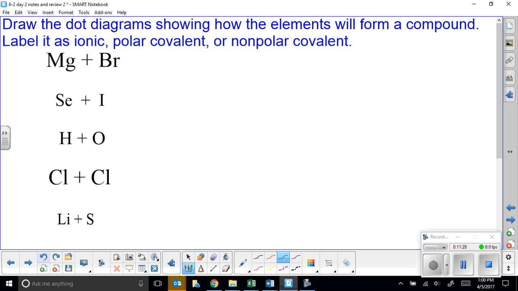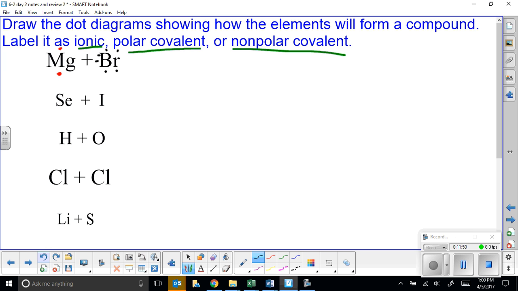And then your assignment, which you had to do, was taking these and drawing them out and showing if they, when you're done, are ionic, polar covalent, or nonpolar covalent. You always start out with one of each. So you're going to start out with one magnesium and one bromine.